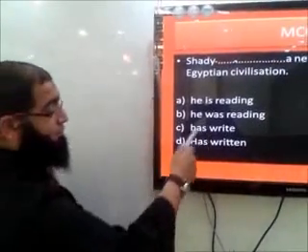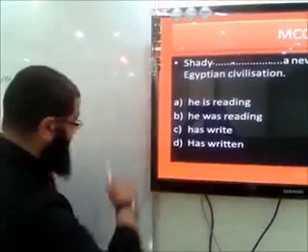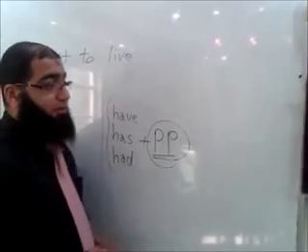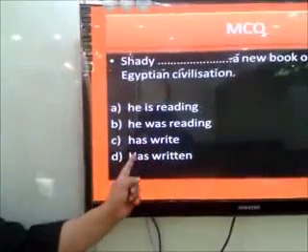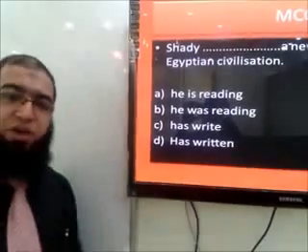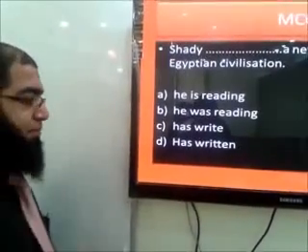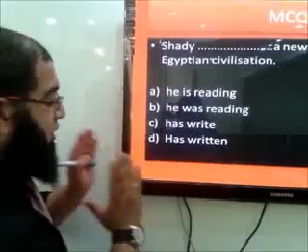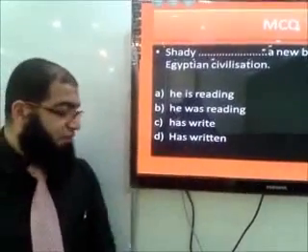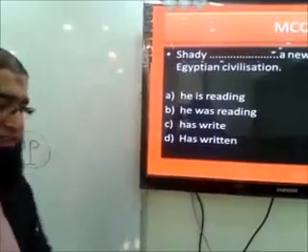This is not the case, because I have "has write." I need the past participle after these to be one verb. In this case, I've got two verbs, and that's what makes it a wrong choice, because I need only one verb. So the only possible answer is "has written." This is the right answer here. Now, let's move to another slide and another question.